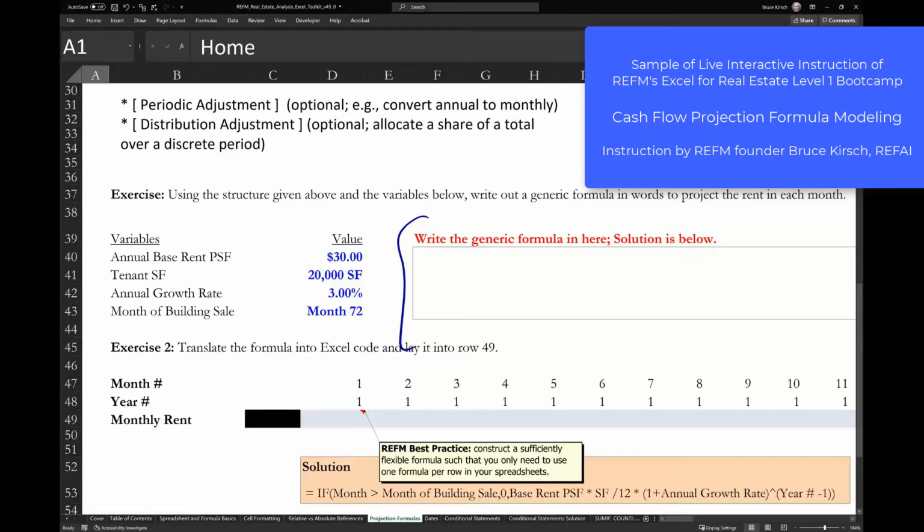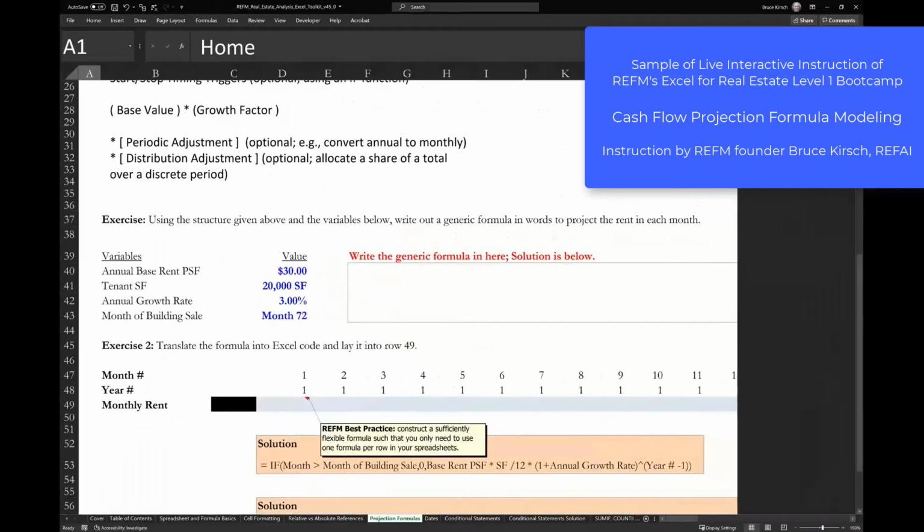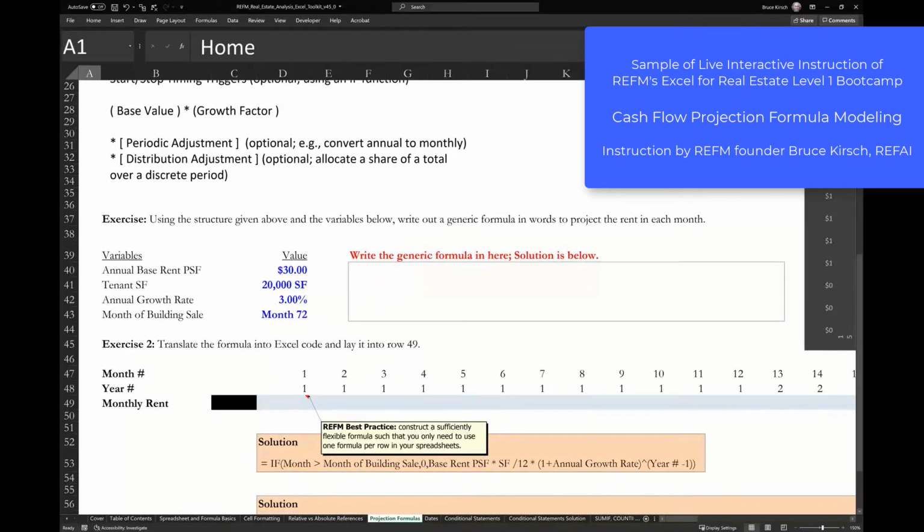The way that I learned formula writing best, through a lot of trial and error, was to just write out a formula in natural language. And so that's something that we can do here and say, all right, what is it that I'm trying to do here? So I'm going to say the base rent is equal to $30 times 20,000, right? If I'm talking about whole dollars. So $30 per square foot times 20,000 square feet.